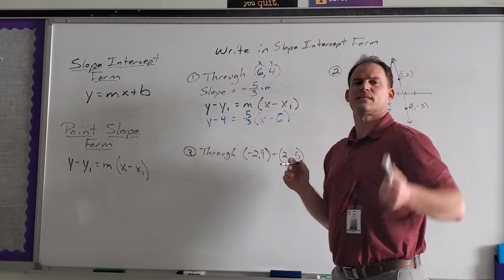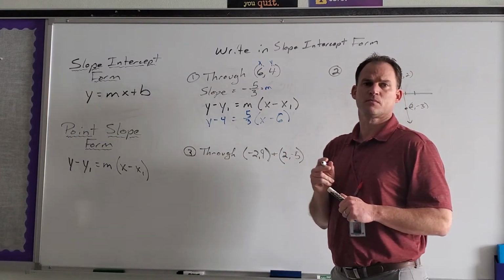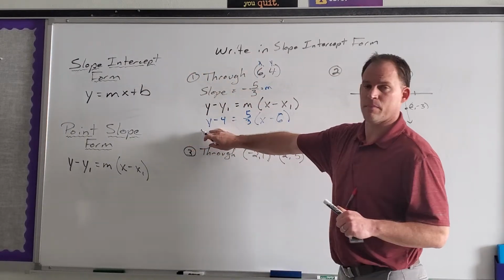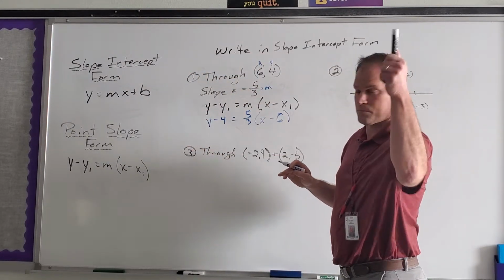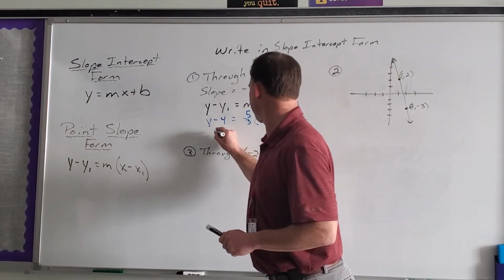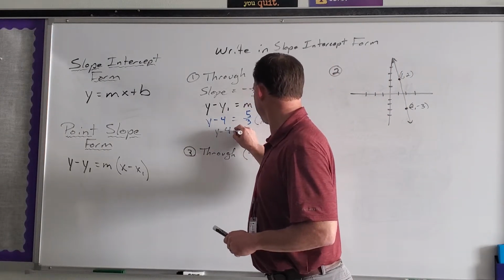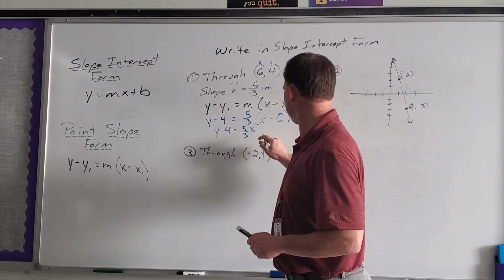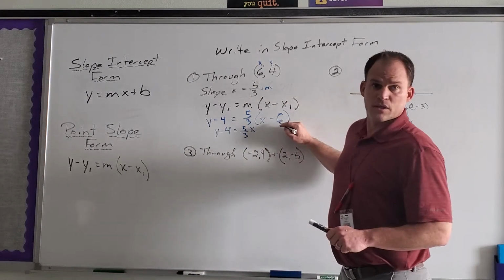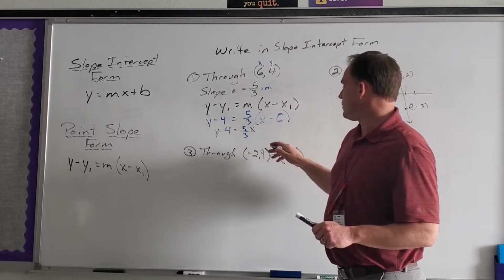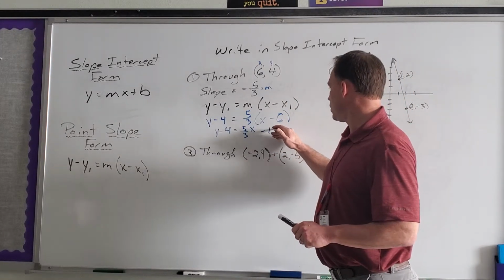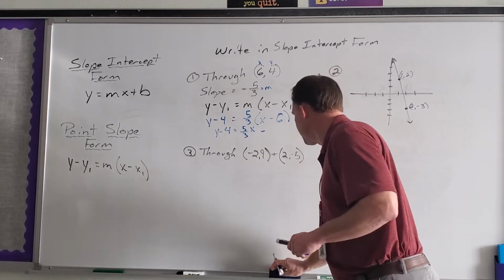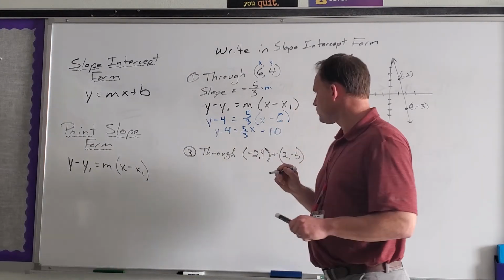What's the next step to solving? Because remember, slope-intercept form, I gotta get y by itself. What are we gonna do? Distribute. Calculator is going to come in real handy here. 5/3 times x is going to come out to be, oh, that's not right. 10.